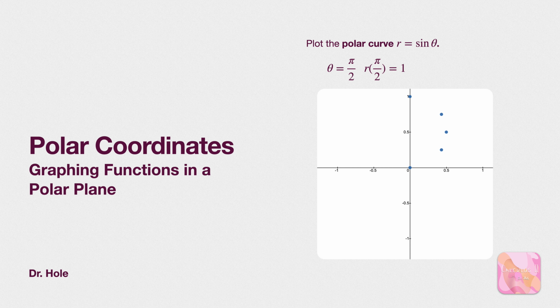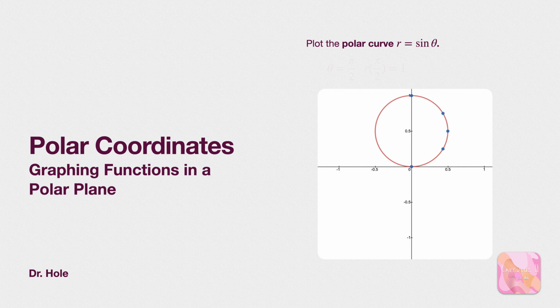If we think of obtuse angles between pi over 2 and pi, this function sine will be positive, and we can, by symmetry, simply reflect these points into quadrant 2. Doing so, we can then connect the dots. They will connect in this nice circle.